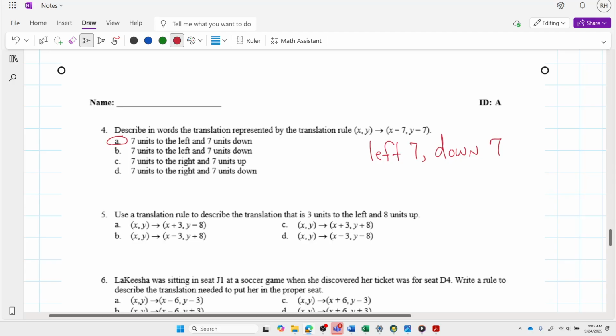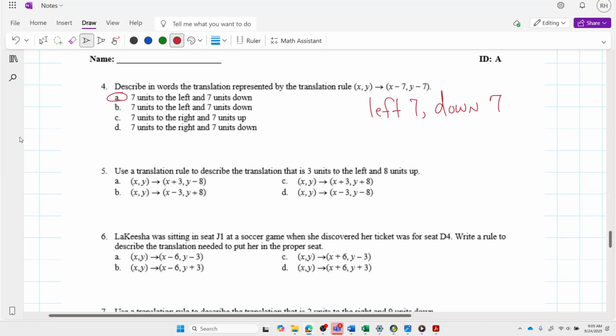And then number 5 is kind of the converse of that question. Use a translation rule to describe the translation that is 3 units to the left. So 3 units to the left would be x minus 3, right?